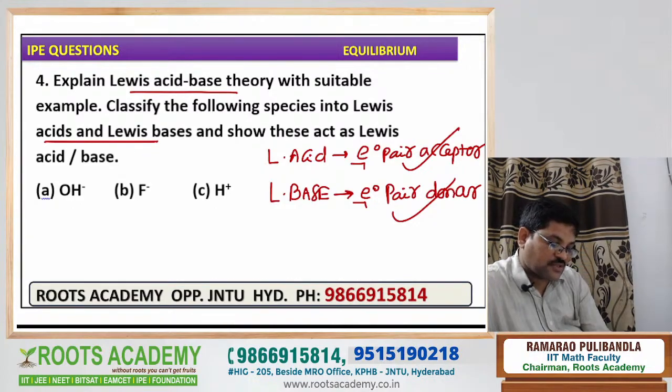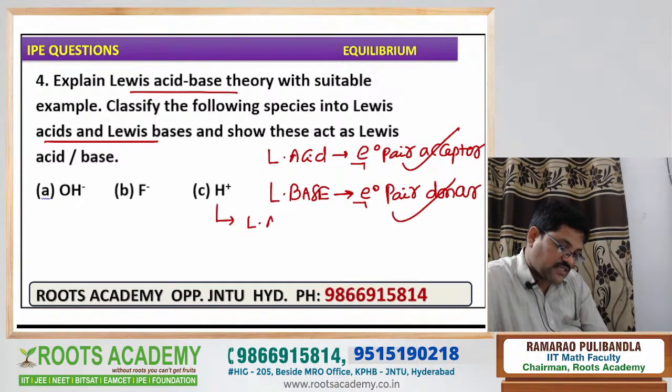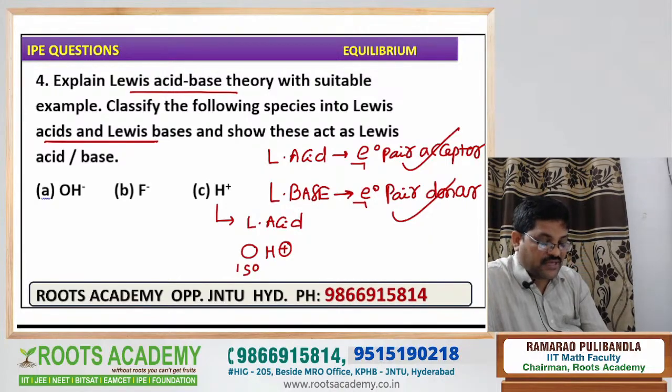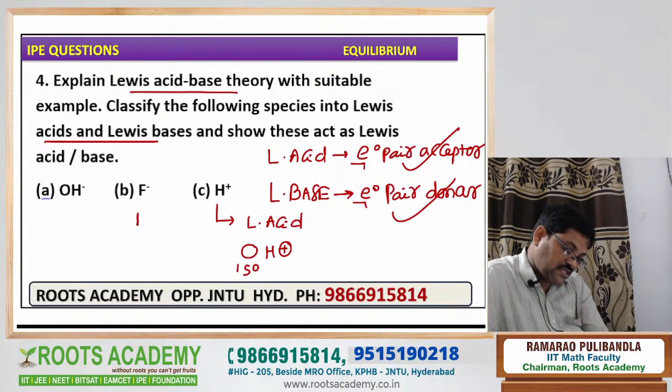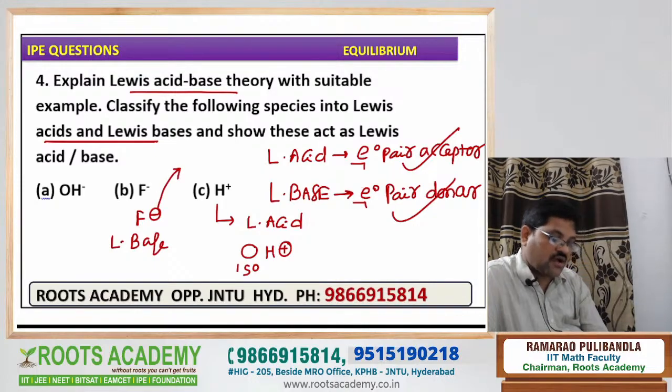Now, classify the following species into Lewis acids and bases. H plus ion acts as a Lewis acid. Why? Because in the H plus ion, the 1s orbital is completely vacant, so it is an electron pair acceptor. Now see, this F minus acts as Lewis base, because of negative charge it acts like a donor.